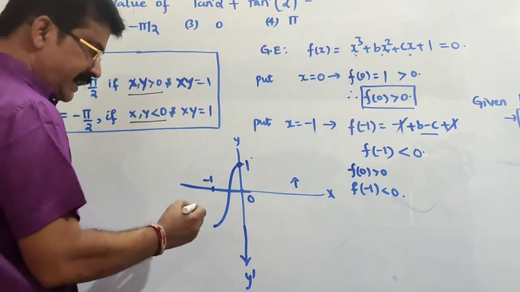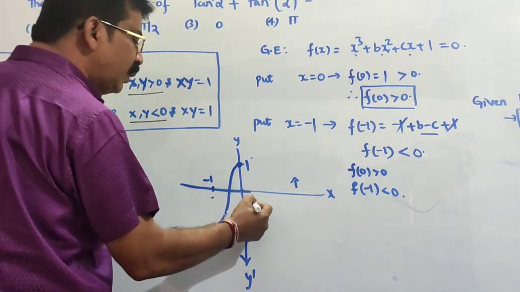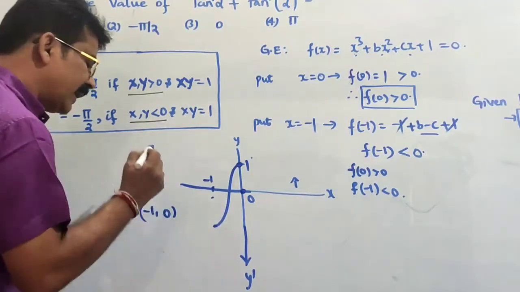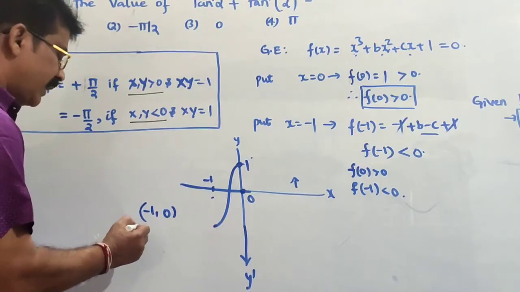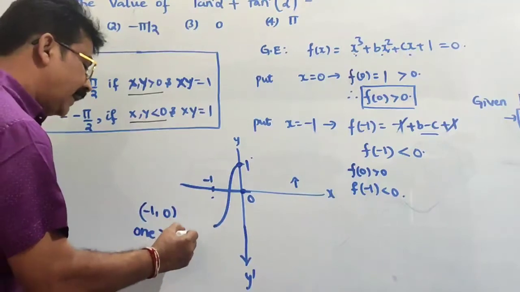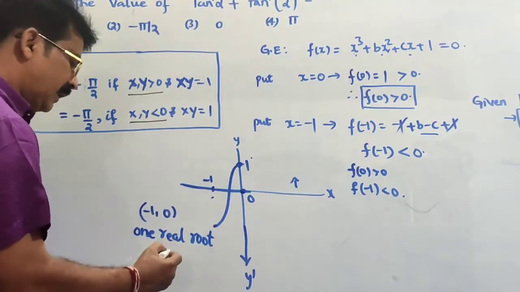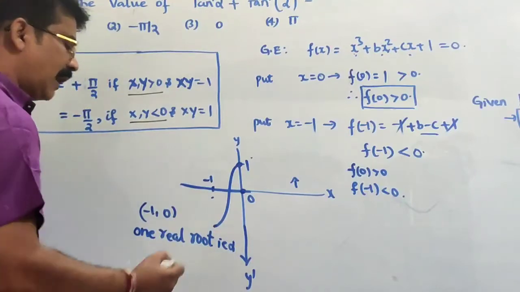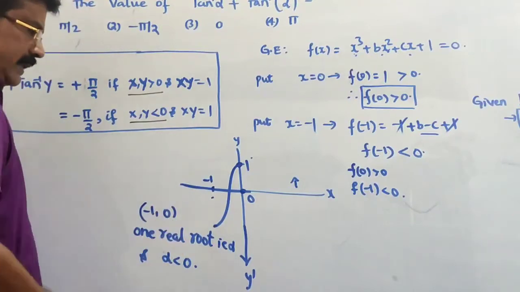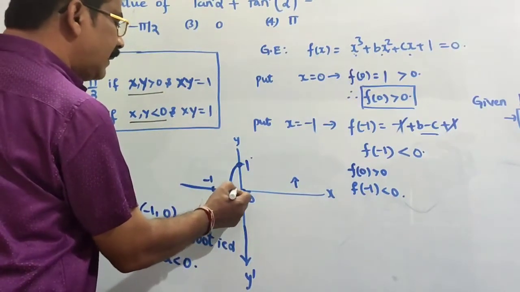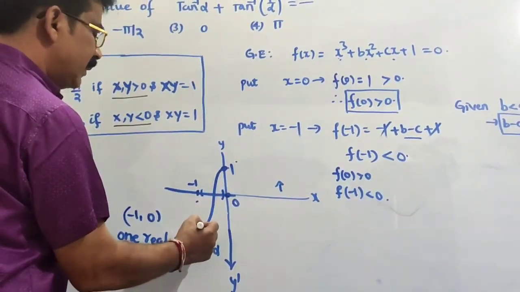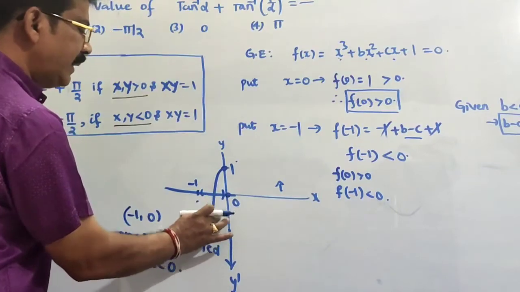So in the open interval of minus 1 to 0, only one root is there, one real root, that is alpha, and this alpha should be negative, it should be in this area.